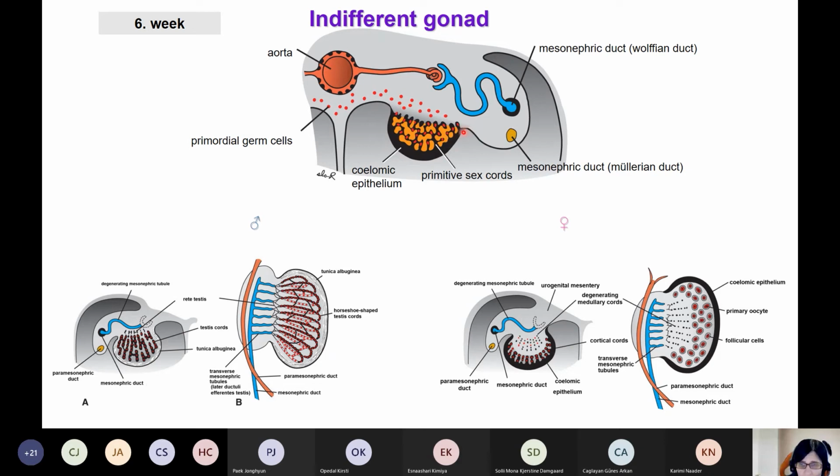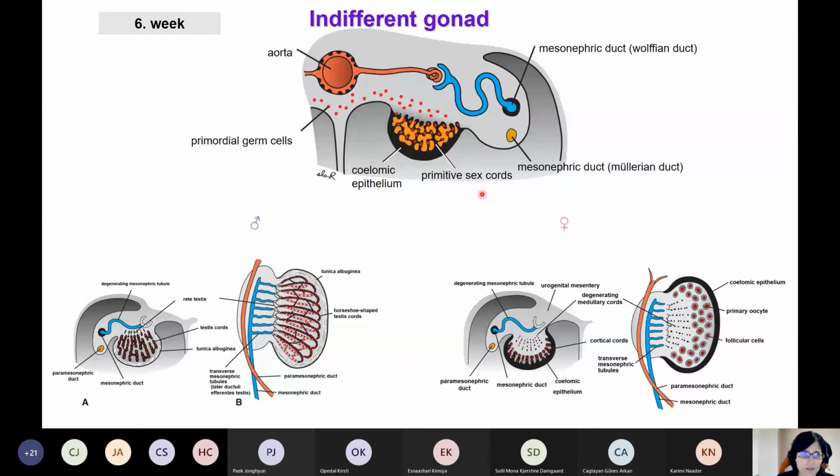These epithelial cells on the surface will give the coelomic epithelium. The coelomic epithelium will proliferate and then will invade the mesenchyme found beneath it, and they will form the primitive sex cords. These events could be observed in both genders, both in males and in females.